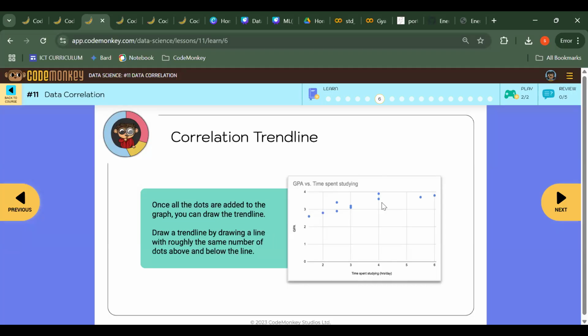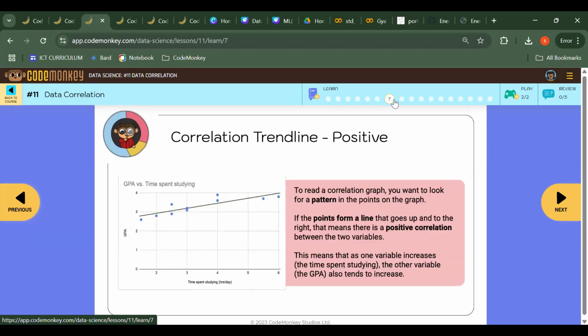Here they have drawn the line, and it is going upwards. Both variables, the grade and the time spent studying, are going up.